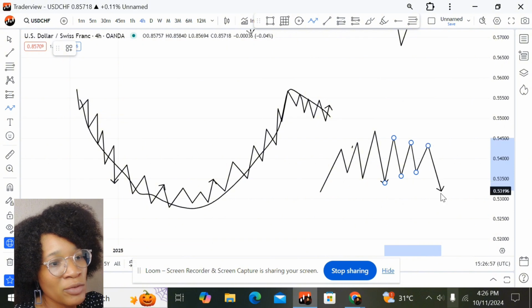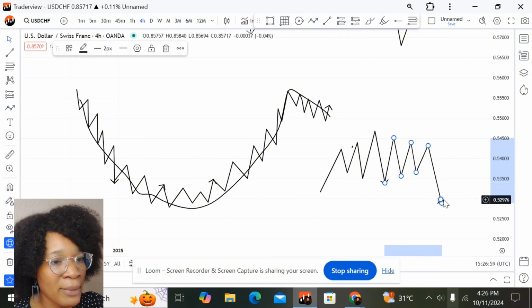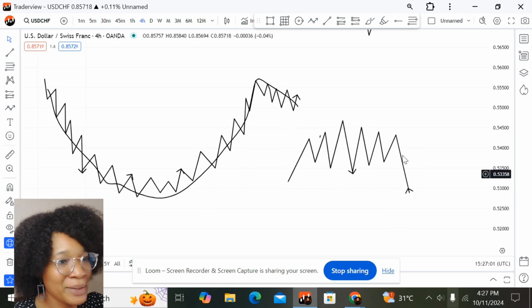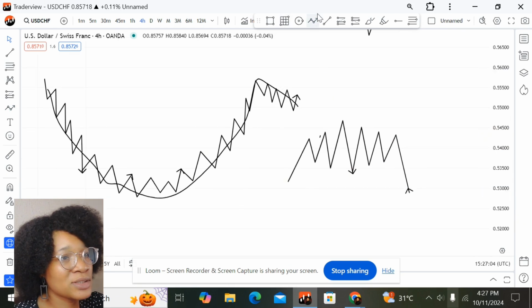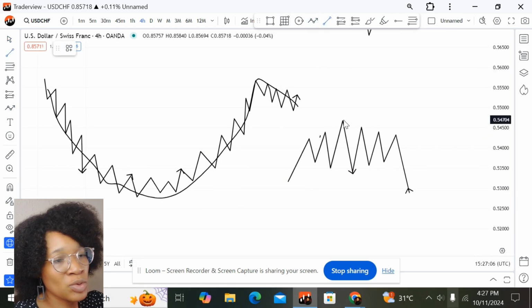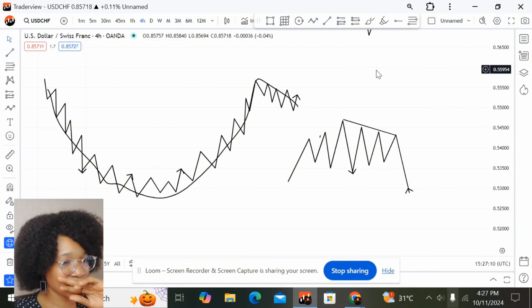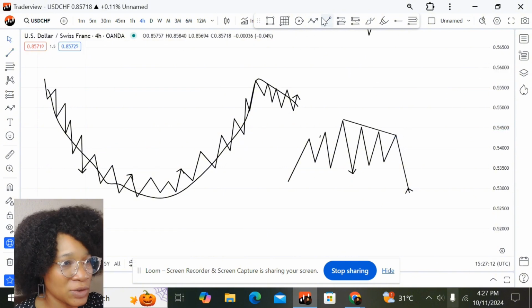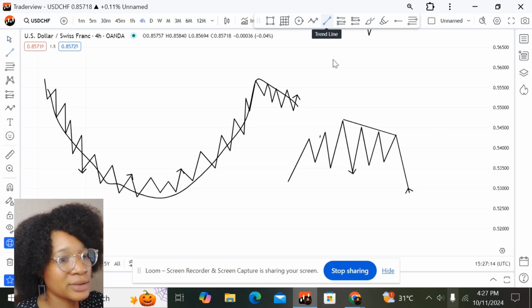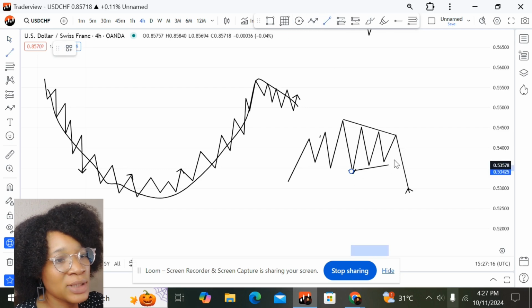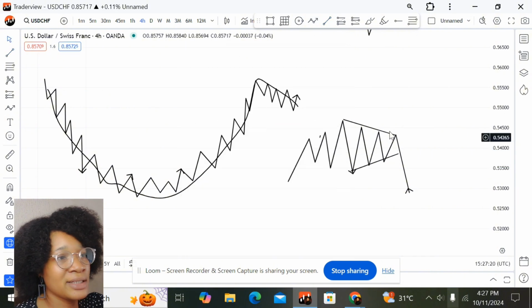Okay, so you find something like this. My drawing may not be exactly perfect, but it's just going to show you what you need to. So if you find something like this on your charts, it signifies that price wants to change its movement.